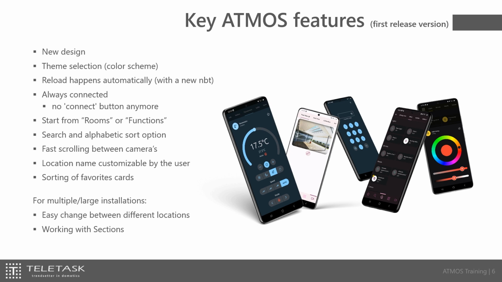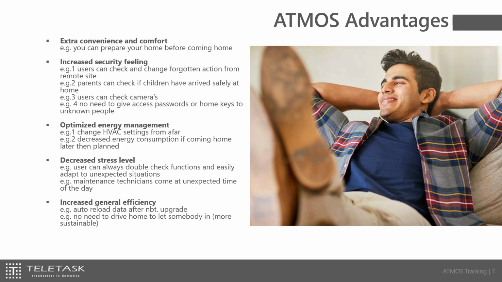So, for example, you say my living room is on the ground floor section, my master bedroom is on the first floor section, and I have a loft on the second floor section. So what is the advantage? We will see that later on as well. There is a filter you can use. Before you go to functions, you can say, I want to see only the rooms on the ground floor, for example. It makes life easier for large installations.